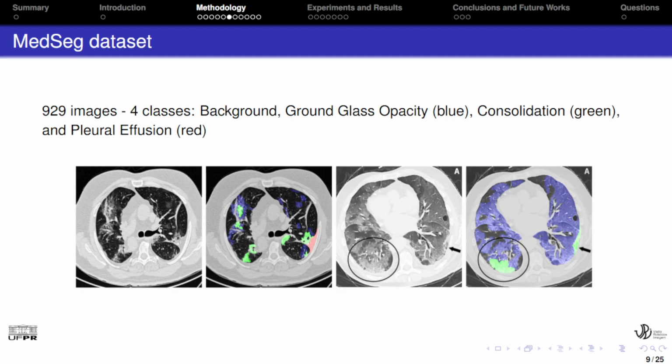This dataset presents some issues like coarse segmentation masks and trash markings like circles and arrows, pointing to the lesion regions. However, as the first dataset proposed, it is one of the most used in the studies of COVID-19 segmentation.